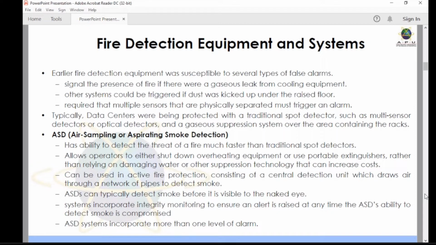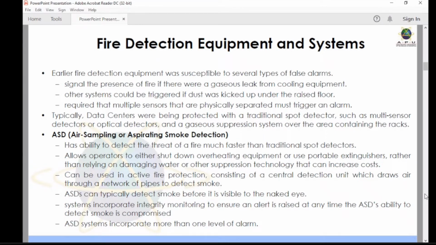Another system could be triggered if dust was kicked up under the raised floor. कहिलेकाहीँ धुलो अलिकति उडिहाल्यो भने पनि फायर अलार्म ट्रिगर गर्ने. ओके, require that multiple sensors that are physically separated must trigger an alarm. अनि multiple sensors राखिया हुन्थ्यो अनि त्यसपछि then they separately had to trigger an alarm. त्यस्तो टाइपको चाहिँ पहिला पुरानो ट्रेडिसनल टाइप अफ फायर डिटेक्सन इक्विपमेन्ट्स.